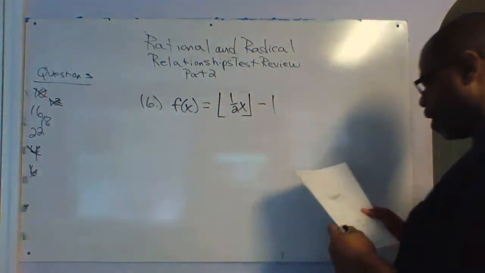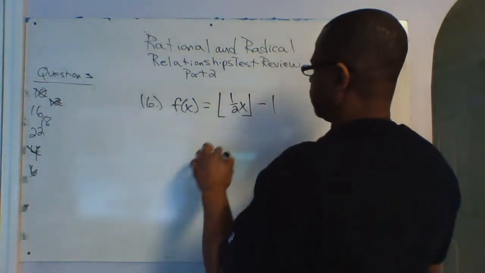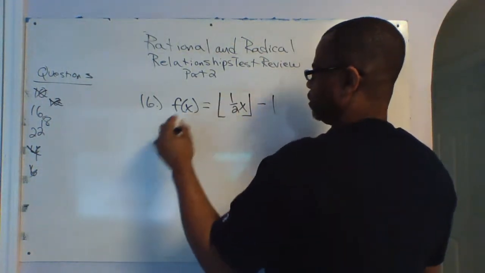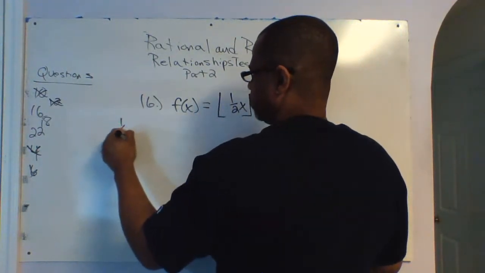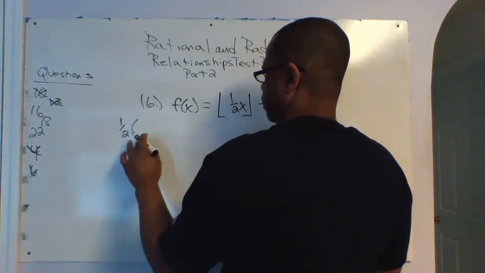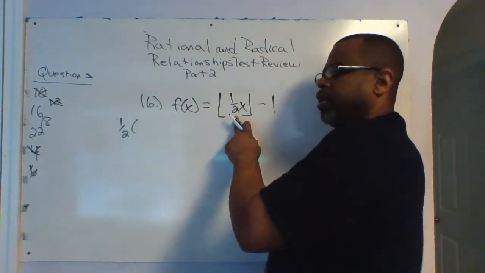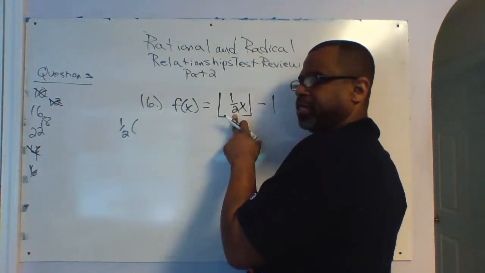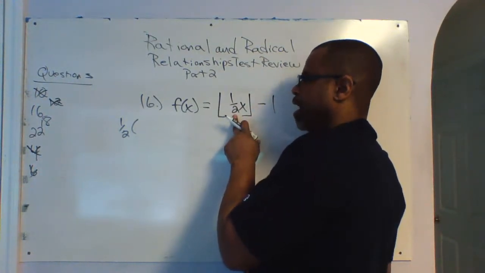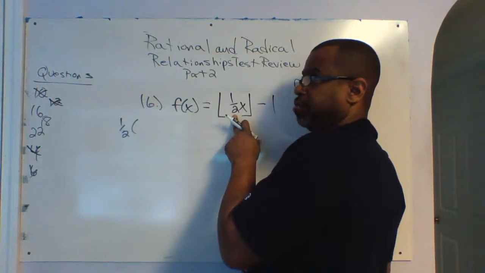All right. So basically what you're doing here, since this is 1/2, you can think about it. The only way you're going to make this a whole number is to plug in something that makes what's in here an integer. It has to be in 2s, right?